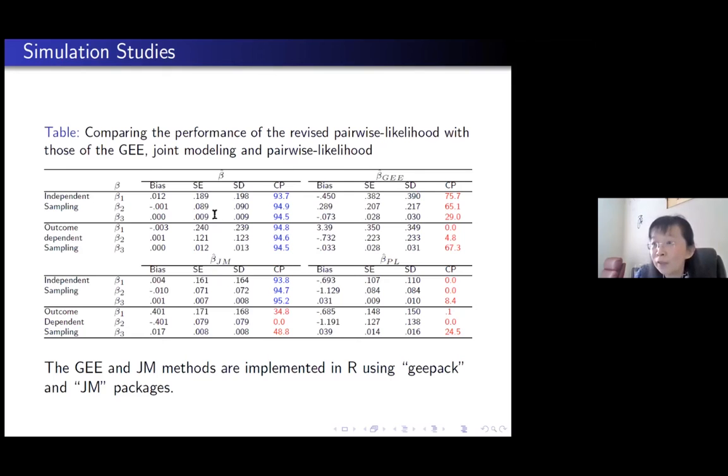However, the efficiency loss of the proposed method was only around 15%, not that much considering the robustness of the proposed method. So we can see the joint model did not work under the second setting.